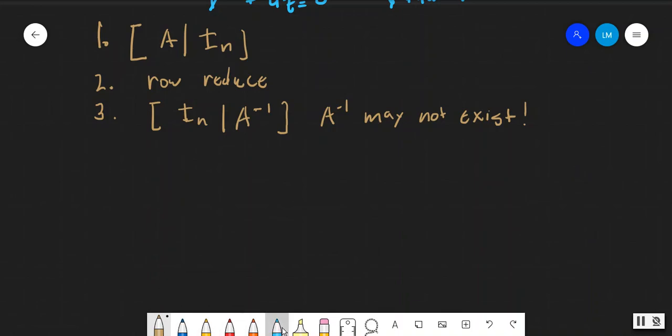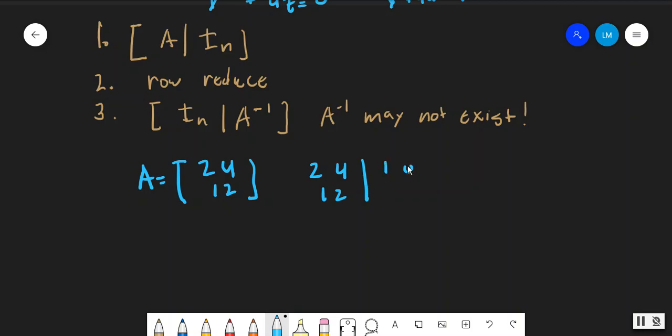Let's say you have a matrix A equal to 2, 4, 1, 2. You would augment it to 1, 0, 0, 1, and then you would probably take 2 times row 2 minus row 1 to give you a new row 2.